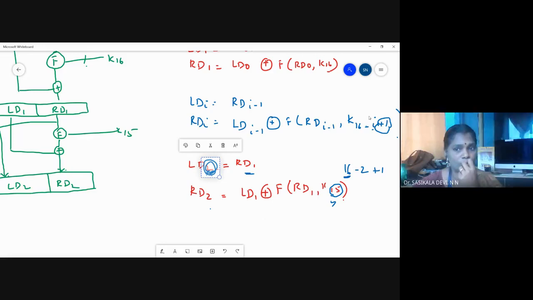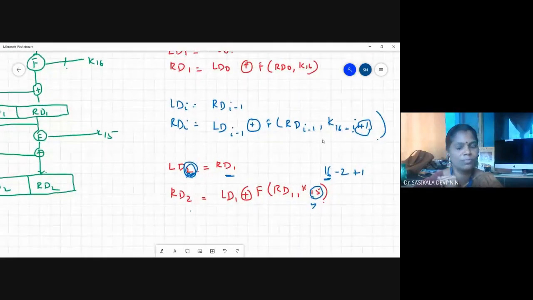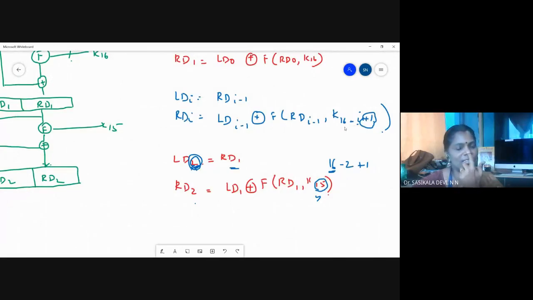So don't put parentheses, because the confusion is because of the book alone. In the book, you can find the 16 minus I plus 1 inside parentheses. Every time we recover something, it is 16 minus I plus 1. This is the equation, where I is the round number. The number of rounds, 16, is constant here, but in general it is a different number of rounds.